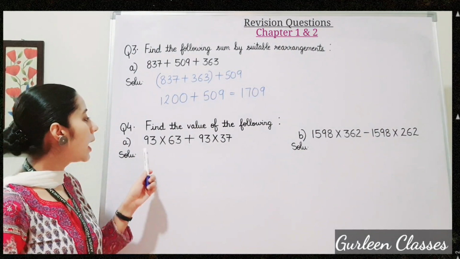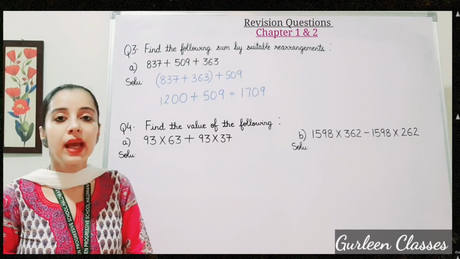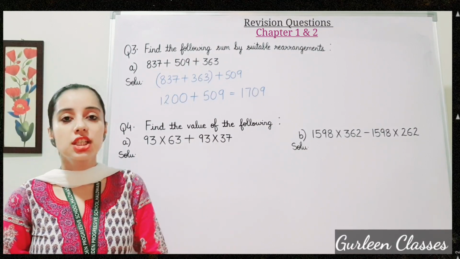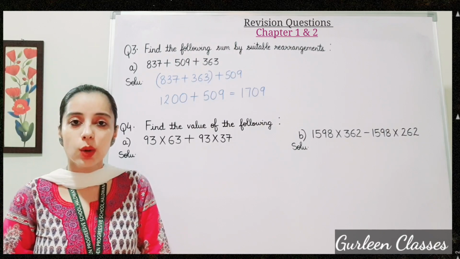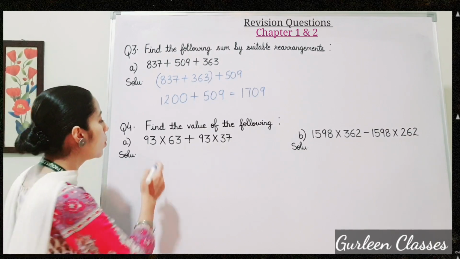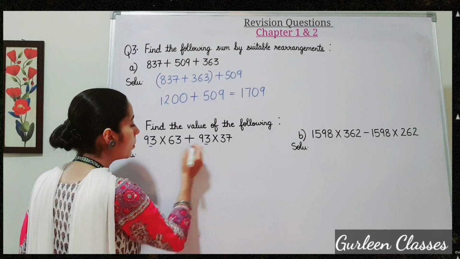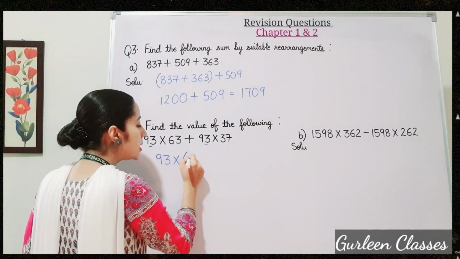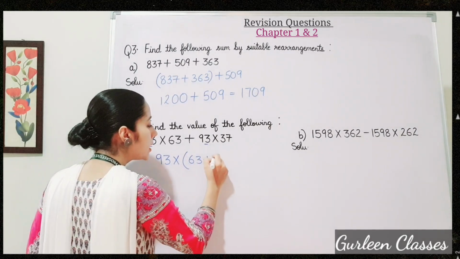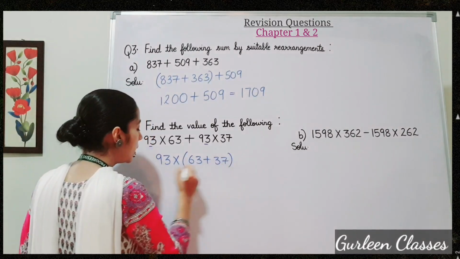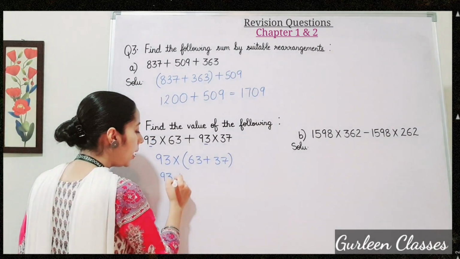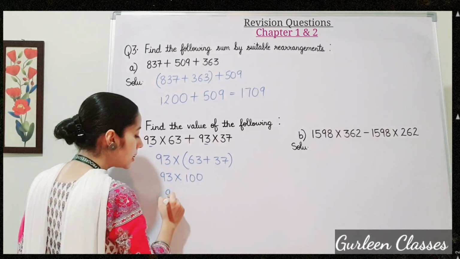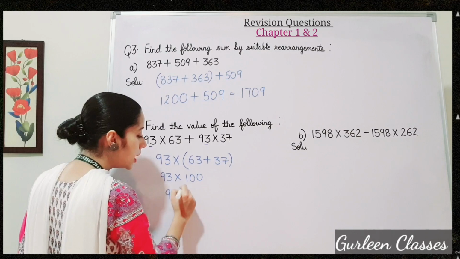Question number 4. Find the value of the following. A bar 93 into 63 plus 93 into 37. So this question is based on distributive property over addition. So here if you notice 93 common, write it outside, into 63 plus 37. 93 into 63 plus 37, that is 100. Answer is 9300.